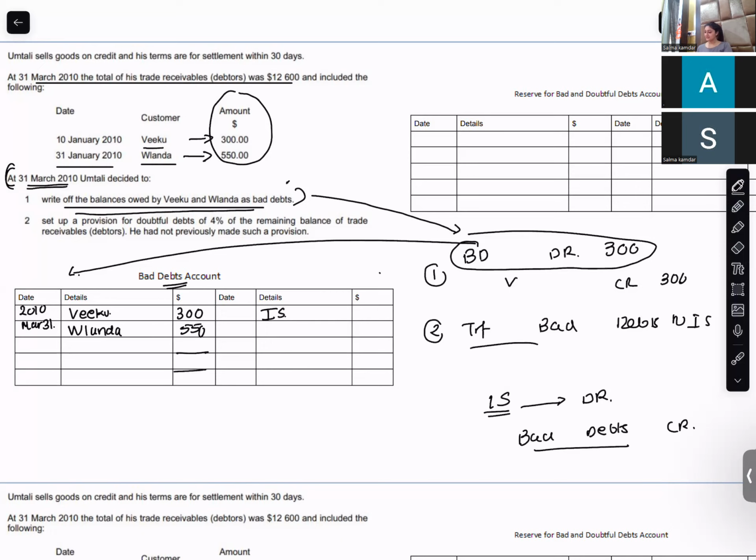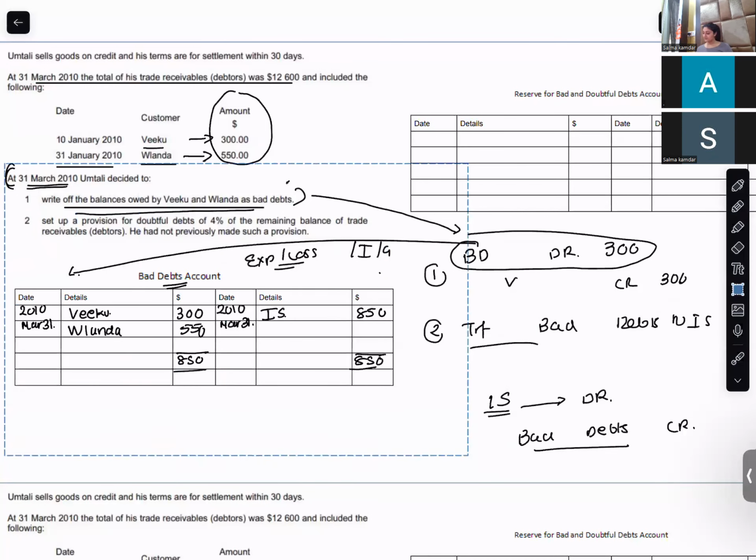What is the total bad debts? 850. Which date? Last date. Is there a possibility of a balance brought down on the bad debts account? No. Expenses and losses do not have balances. They are directly transferred to the income statement. Expenses, losses, income, and gains are directly transferred to the income statement. Done with bad debts now.